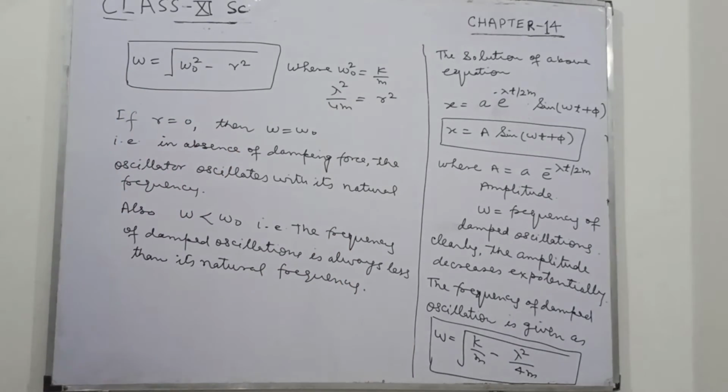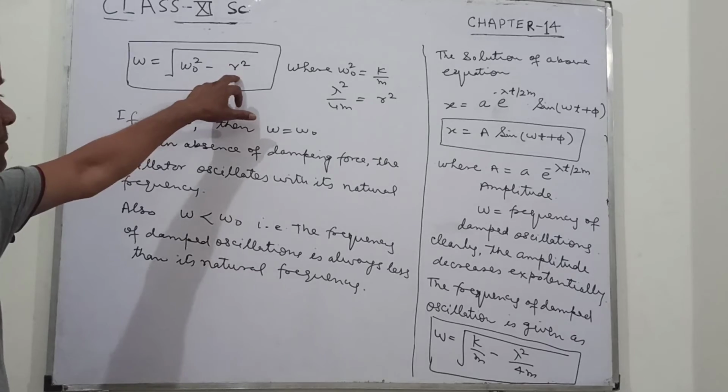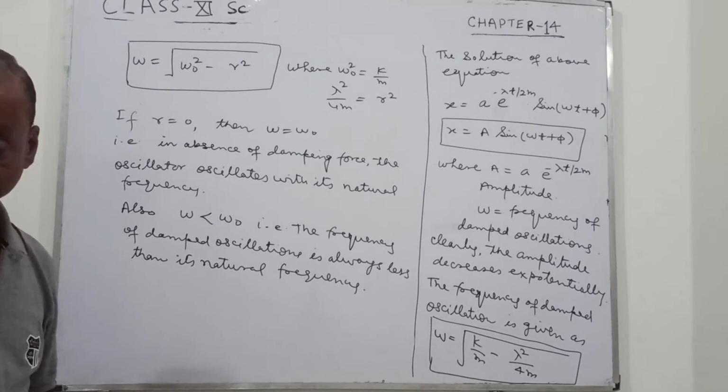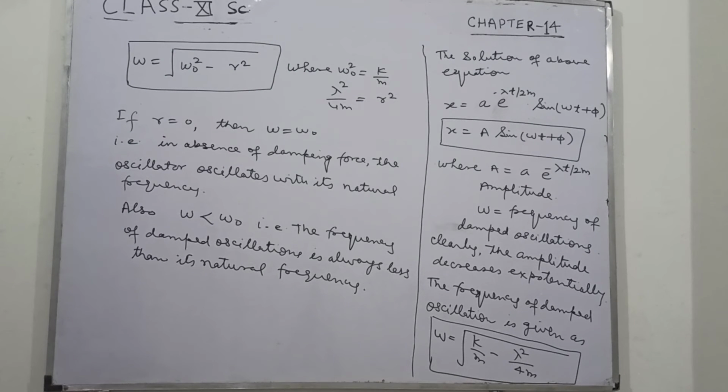This is because we are having this r square. So thus the frequency of the oscillator decreases exponentially with time.